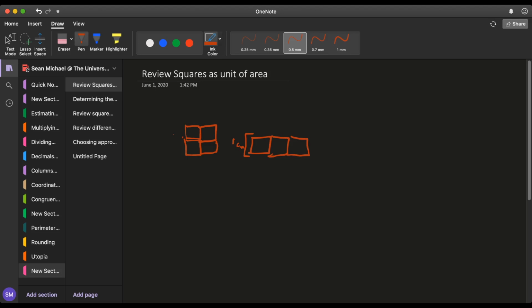So if we draw some shapes out of squares, we could count how big they are, and we're considering that all the squares, even though I might not draw them perfectly, are all the same size in our heads here.